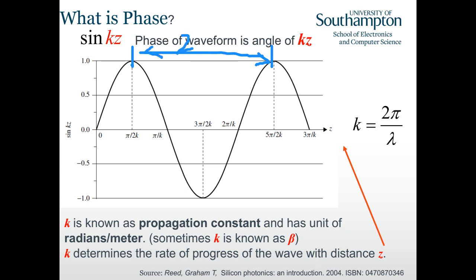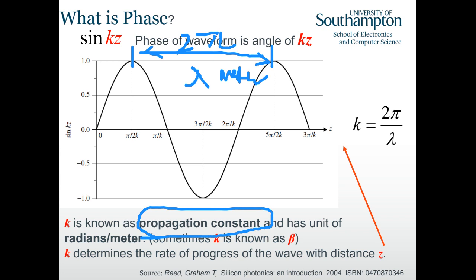And then over one cycle, we would have traveled a wavelength of distance. The metric of wavelength is meter. And then we have a parameter here, the propagation constant, which defines how fast the wave propagates in distance.